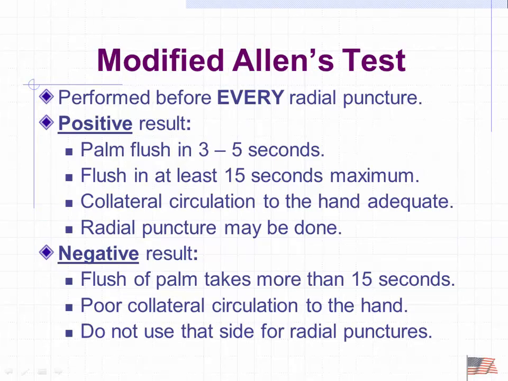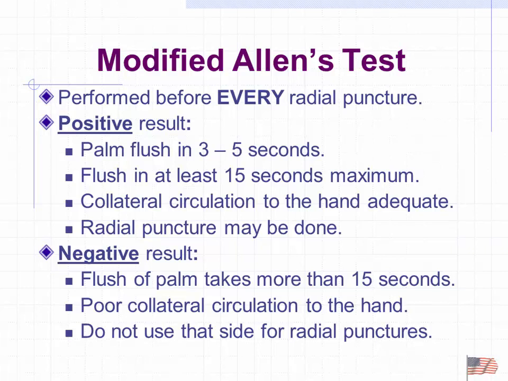Before every single radial puncture we do, we're going to do a test called the modified Allen's test. And what we're looking for is a positive modified Allen's. This means that the palm is going to flush, and it's going to flush in at least 15 seconds. That means collateral circulation is present and a radial artery puncture can be done.